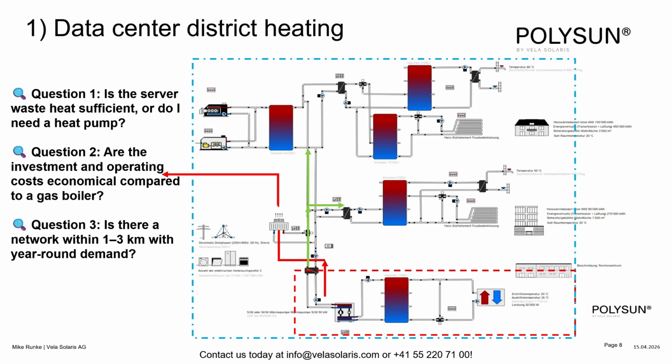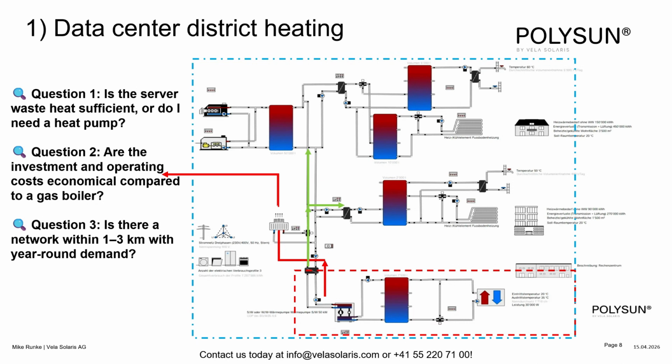Typically, air or water cooled servers deliver outlet temperatures of roughly, let's say, 30 to 45 degrees. That depends on the technique which the data center uses. So to supply a conventional heat network, we almost always need a heat pump or a cascade solution. And that is a core part of data center heat recovery planning.